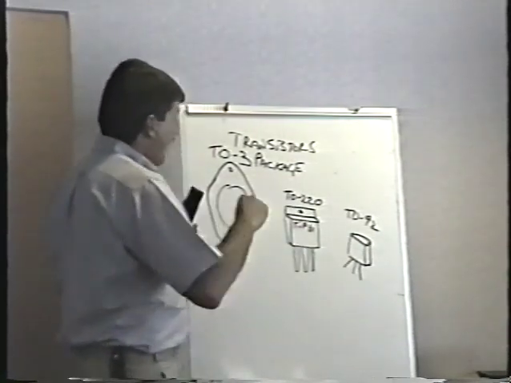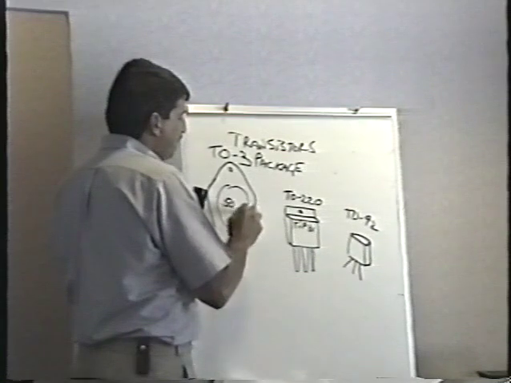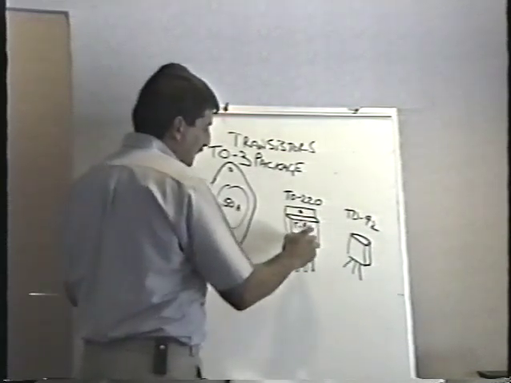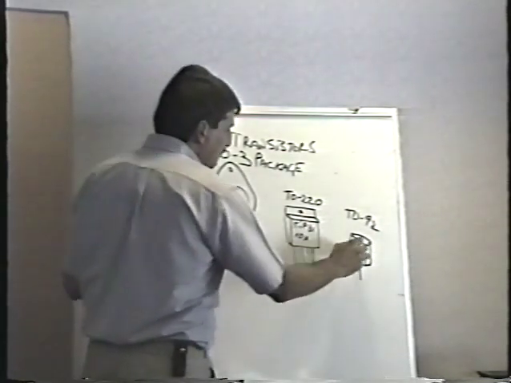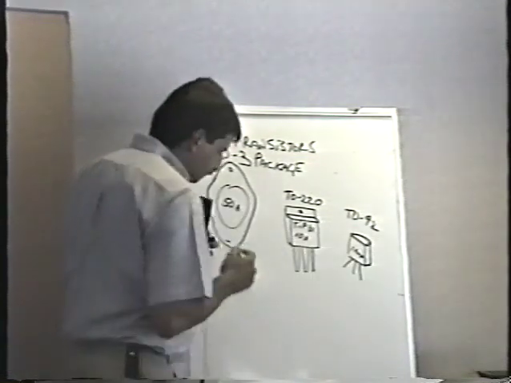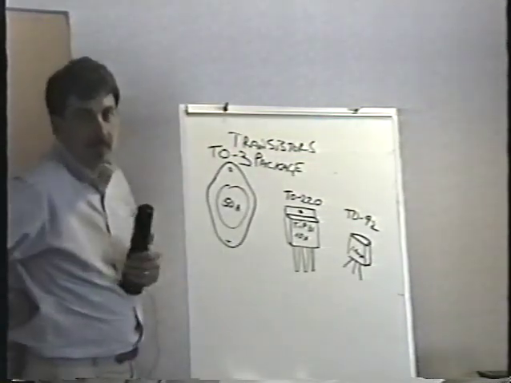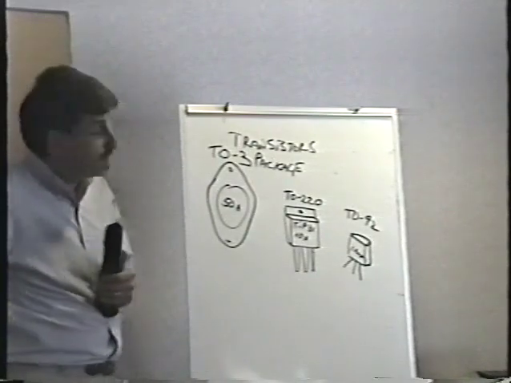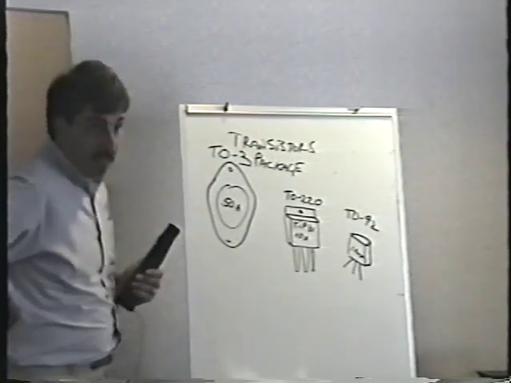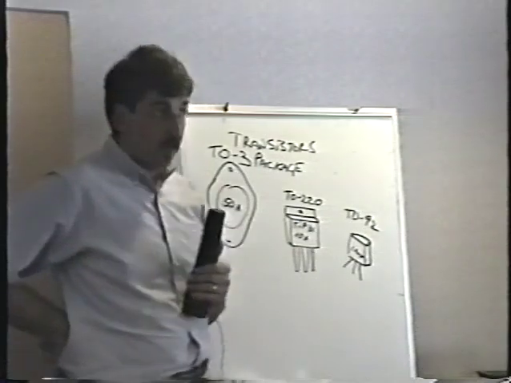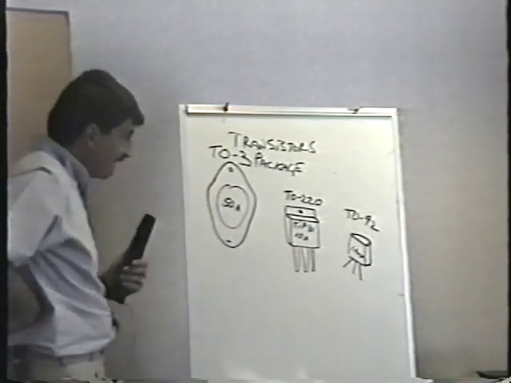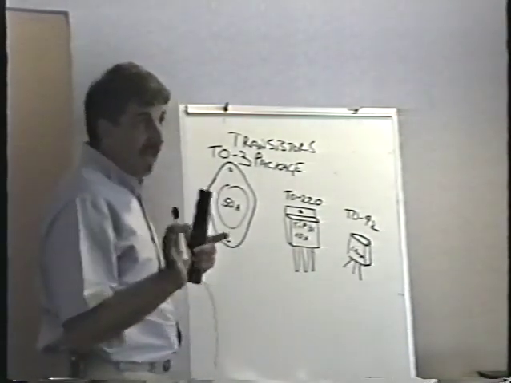Like the TO3 package can handle up to about 50 amps. The TO220 only 10 amps. And the TO92 only 1 amp or so. Maximum. This is maximum for each one. But as far as testing them is concerned, as far as the specifications and all that stuff, they all work and do exactly the same thing.